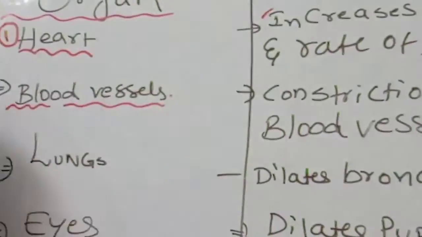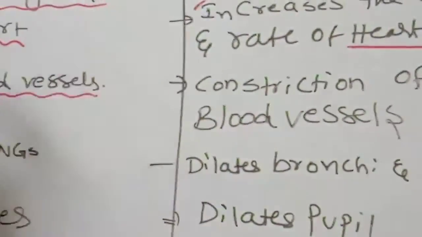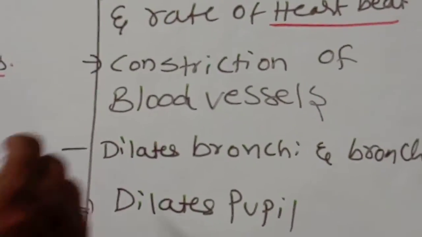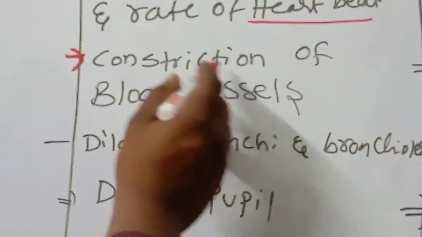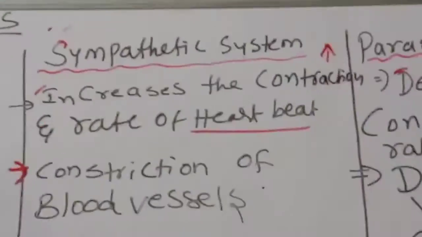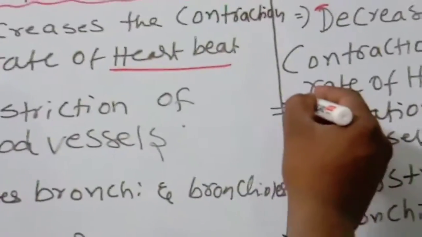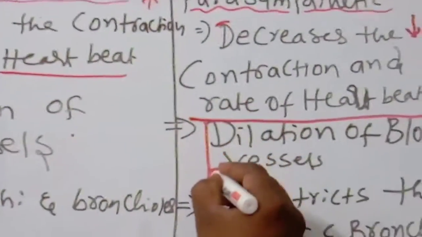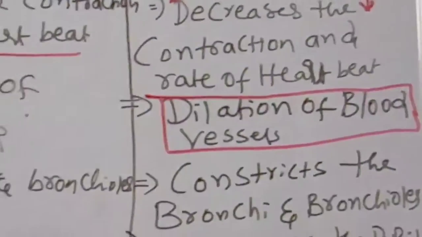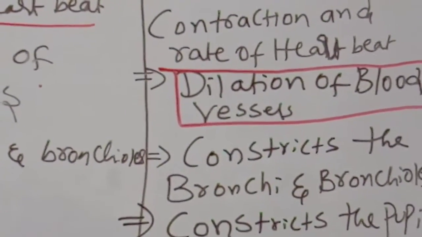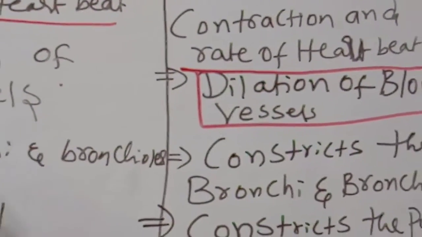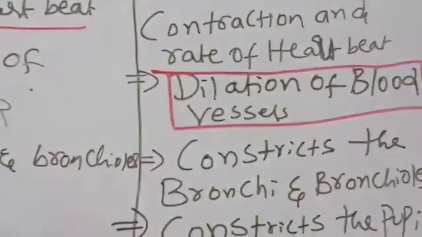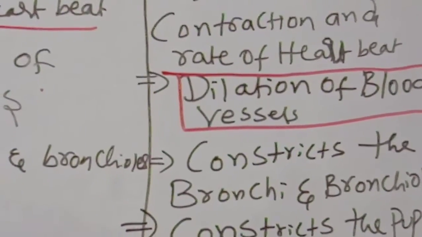Next one, blood vessels. The sympathetic nervous system constricts the blood vessels, but parasympathetic causes dilation of blood vessels, relaxing them.